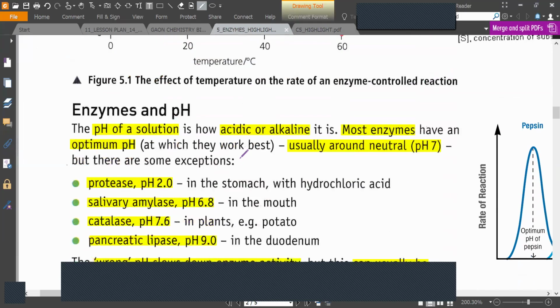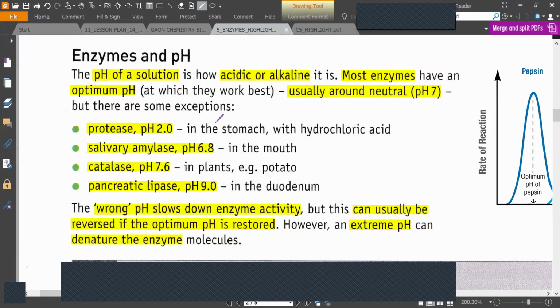Next, enzymes and pH. The pH also has an effect on activity. The pH of a solution is either acidic or alkaline. Most enzymes have an optimum pH, so they only work well in a certain pH, usually around neutral. For example, the optimum pH of protease is 2 in the stomach, with hydrochloric acid.